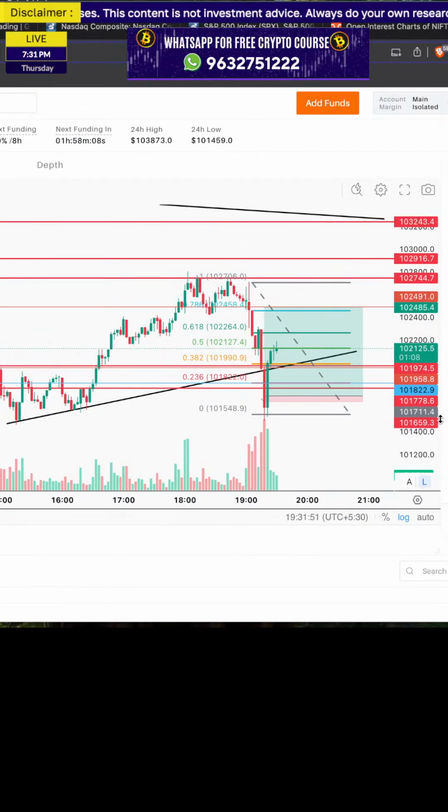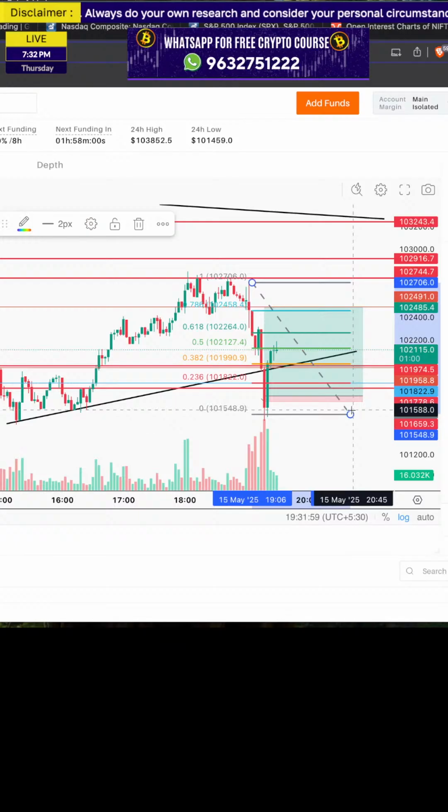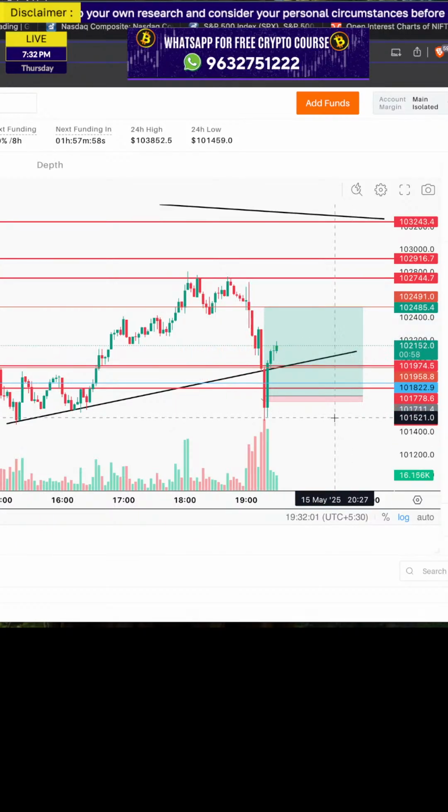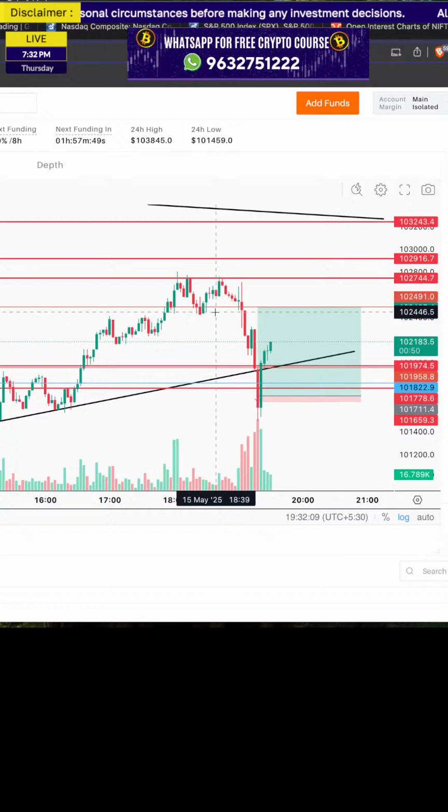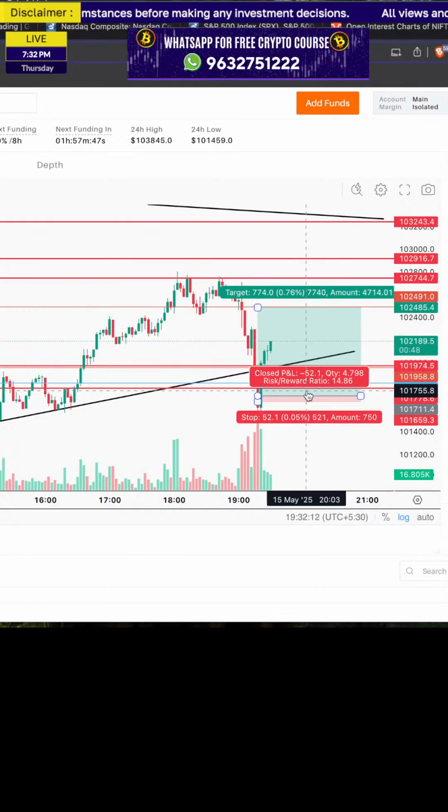As of now, it's going at $60 profit, but it is a little tricky. I will agree it is a bit tricky at the zone. So anything can happen. $77.